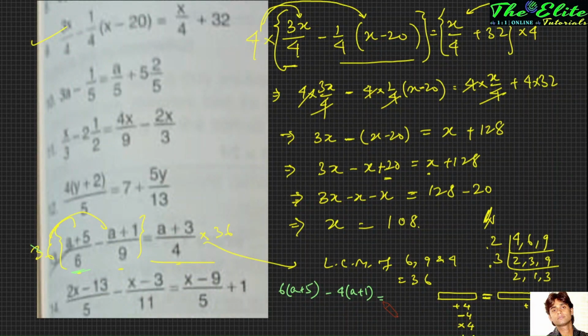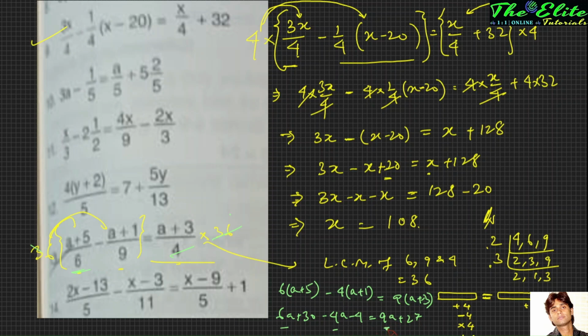Now on the right hand side it will be how much? Yes, you cancel it, 9 times a plus 3. So very easy now. Go for the distribution process and find the answer. 6a plus 30 minus 4a minus 4 is equal to 9 of a plus 27. Easy now.